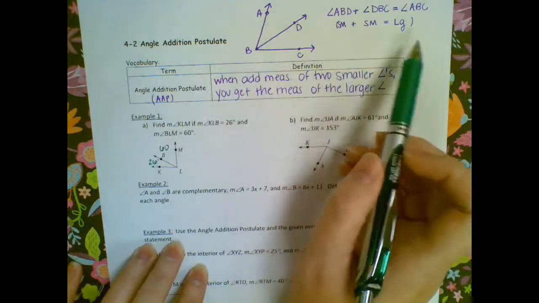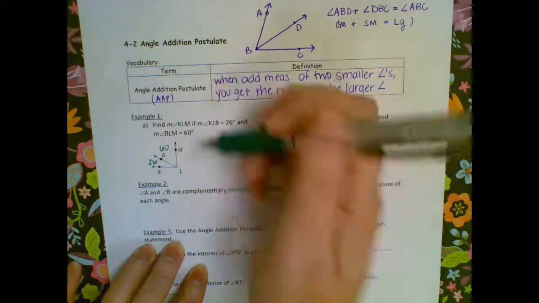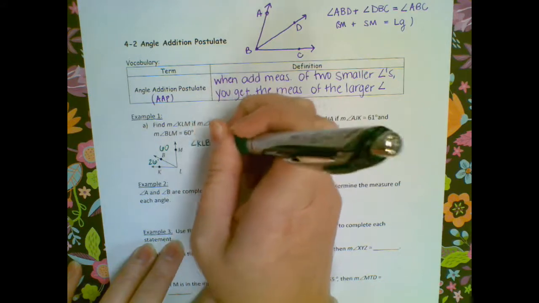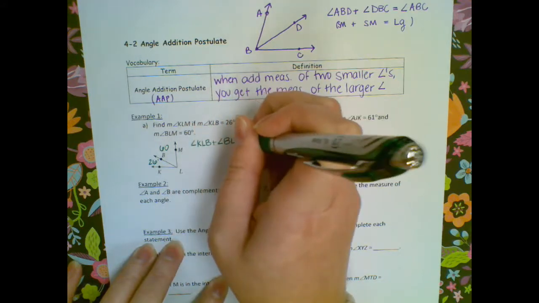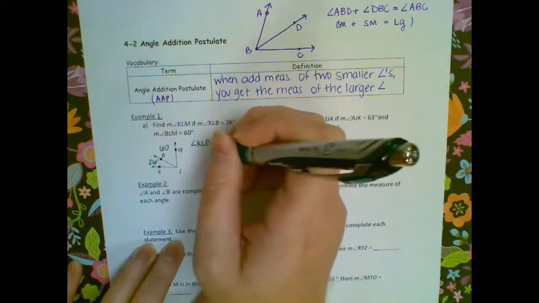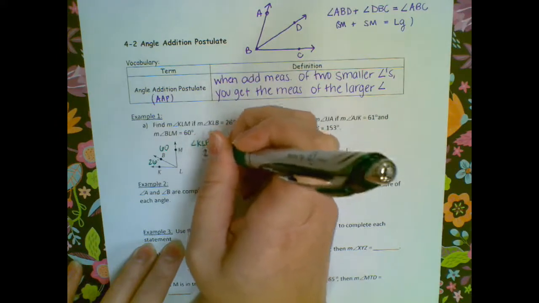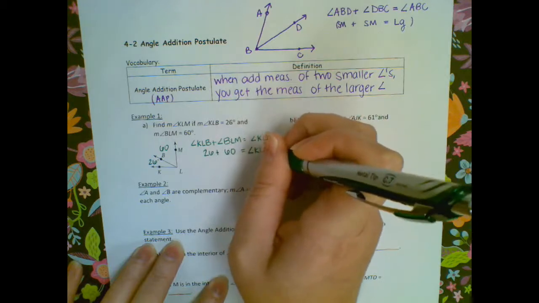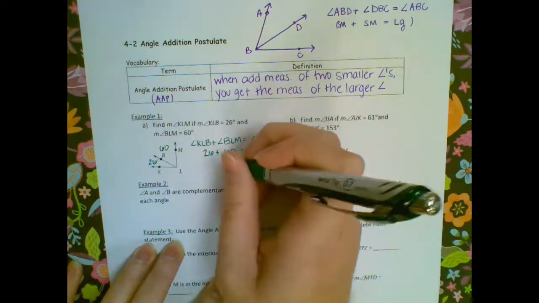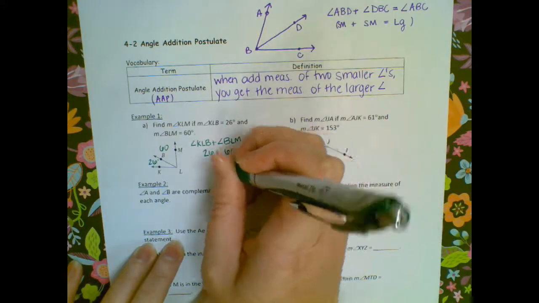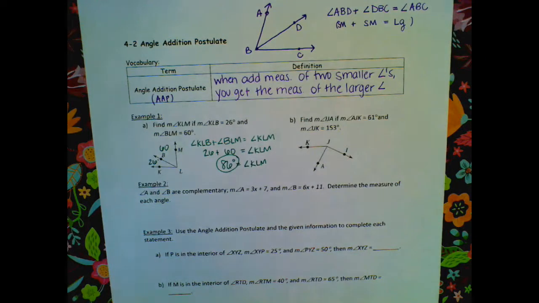So if I wrote it out in terms of the angle addition postulate, then angle KLB plus angle BLM should equal angle KLM, the big angle. We know that KLB is 26. We know BLM is 60. And if you add those together, 86 degrees is angle KLM. So we're just following the two parts add up to the whole big angle.